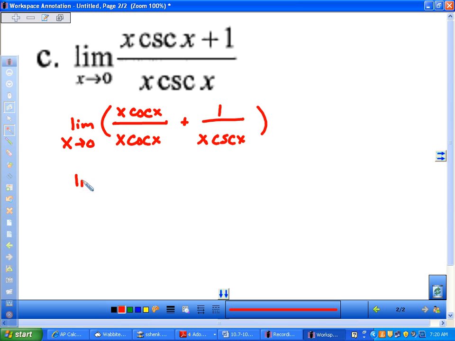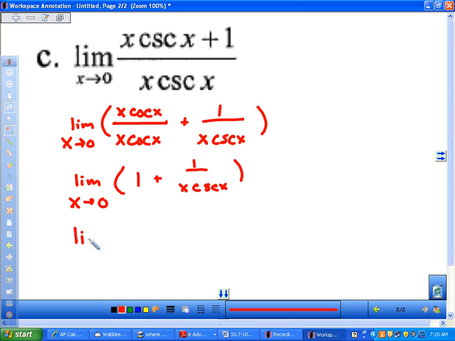So we have the limit as x approaches 0 of 1 plus 1 over x cosecant x. But we've still got that issue of having the 0 in the denominator.